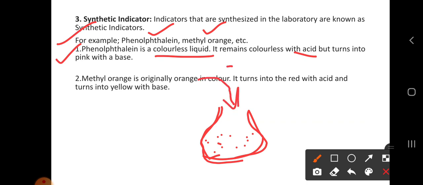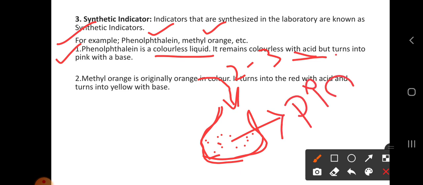If you add 2 to 3 drops of phenolphthalein indicator and it remains colorless, with no change in the substance, then it is an acid. But if the color changes to pink, from colorless to pink, then it is considered a base.